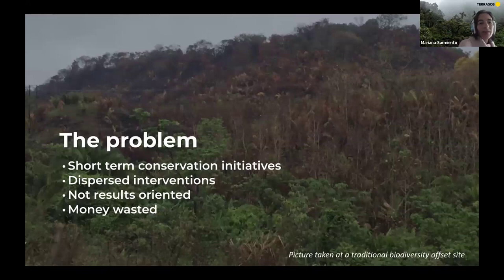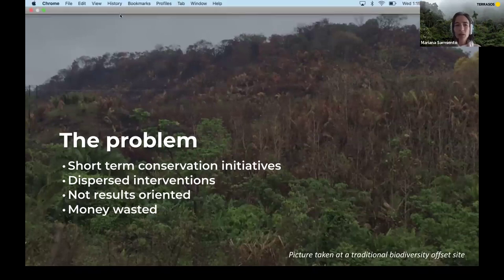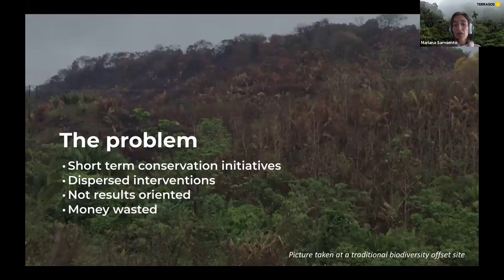Now, what's the problem that we have and that we want to avoid? This is a picture from a real life example of an investment made by a corporation into biodiversity conservation. It was a short-term initiative. It was a classic 3 to 5 year term project. And at the end of the day, this is what happened.